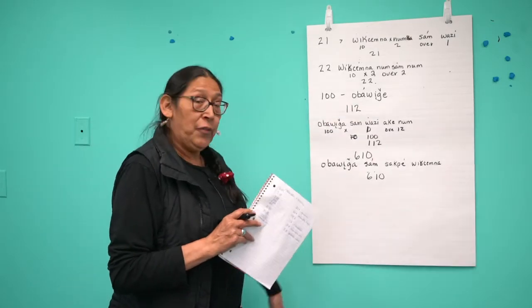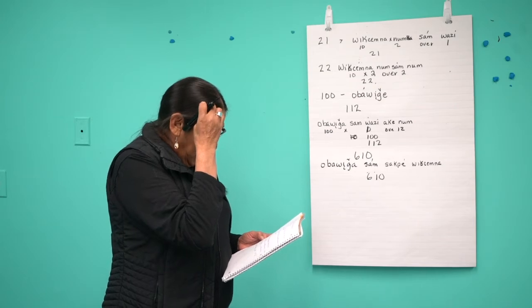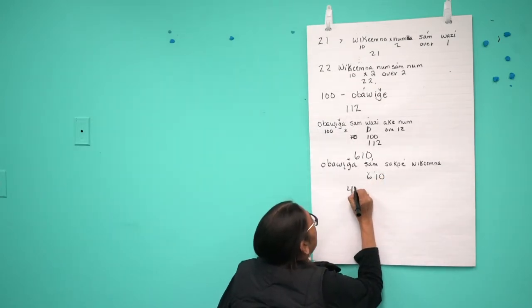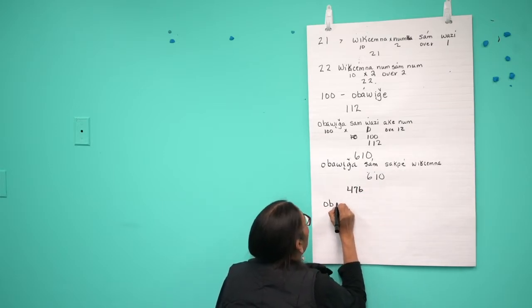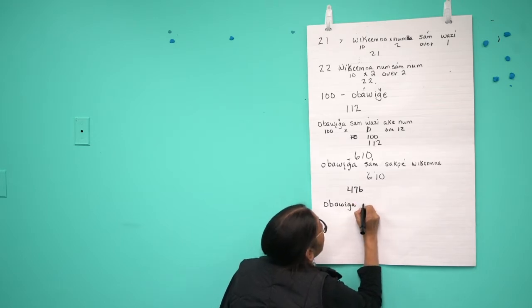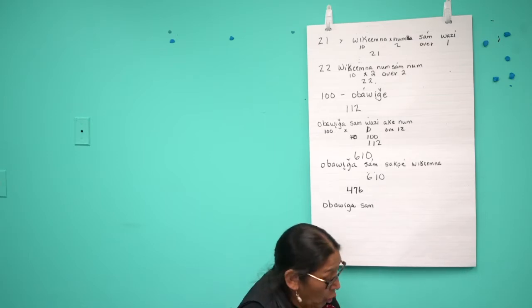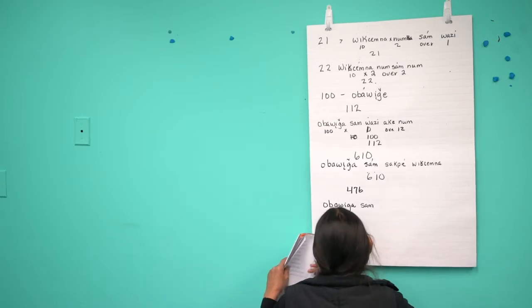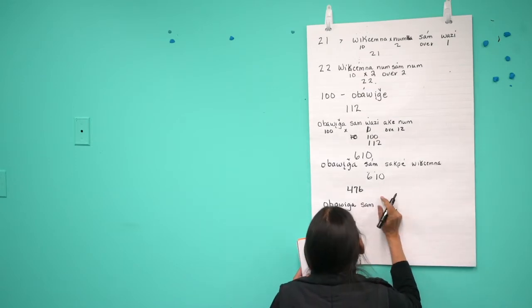I could do one more if you want. Let's try 476. Okay, Obawinga. Obawinga, Sam. Remember your 7? What's the 76?